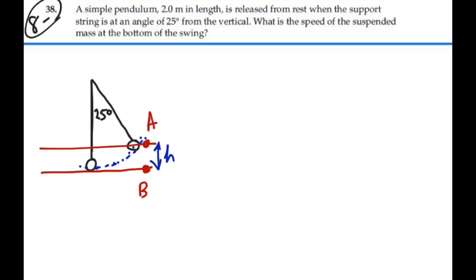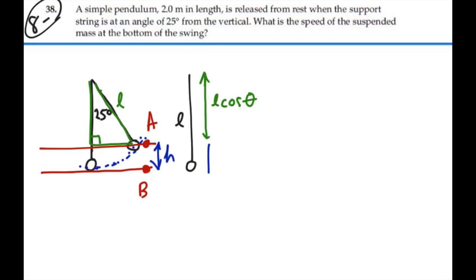Well, if I look at the full length of the pendulum, that's a length L. And if I look at this right triangle here, the hypotenuse of that triangle is L, and the longer side is going to be L cosine theta. So the distance H that we're interested in is the difference between these two lengths.